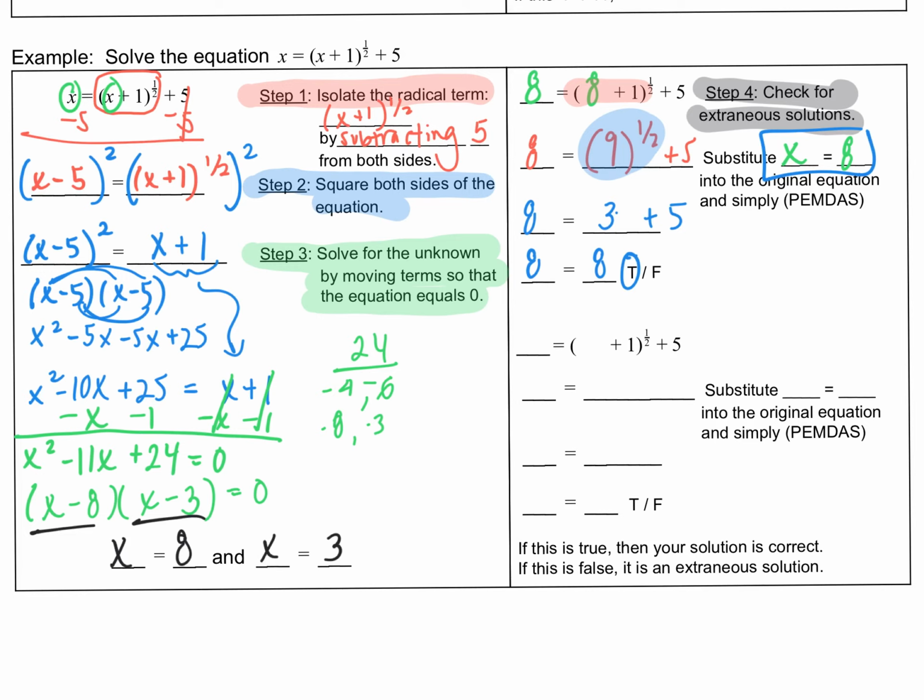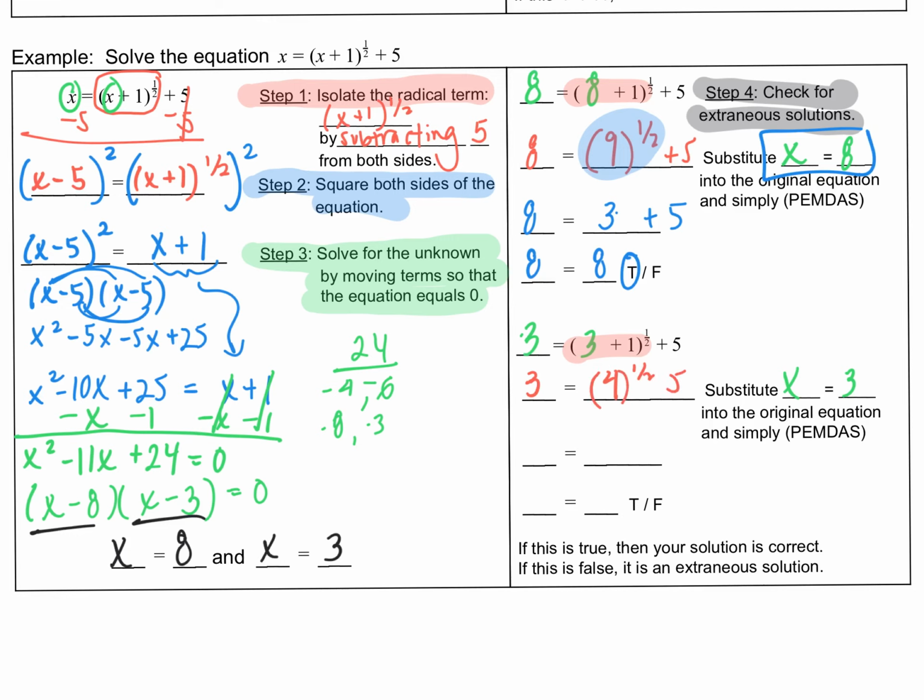So now let's go ahead and check the other solution, which was x equals 3. So that's going to be 3 equals 3 plus 1 to the 1/2 plus 5. And then again, we are following order of operations. 3 is equal to 3 plus 1 is 4.